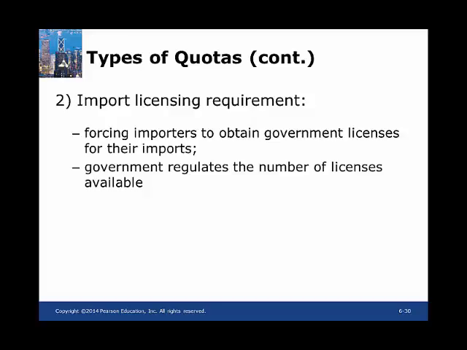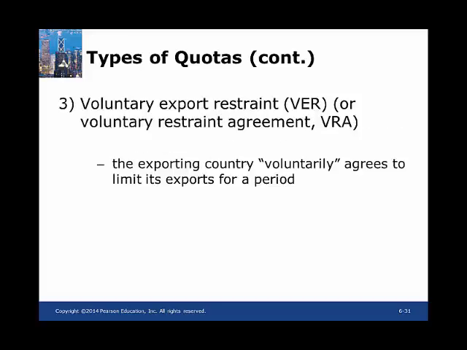Types of quotas continued. Import licensing requirements force importers to obtain government licenses for their imports. The government regulates the number of licenses available.